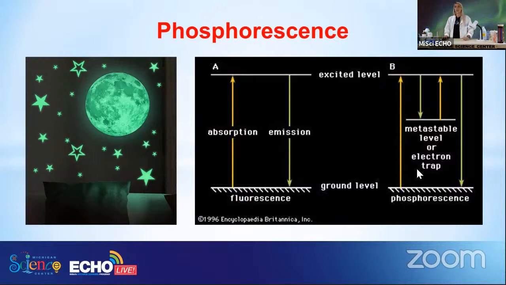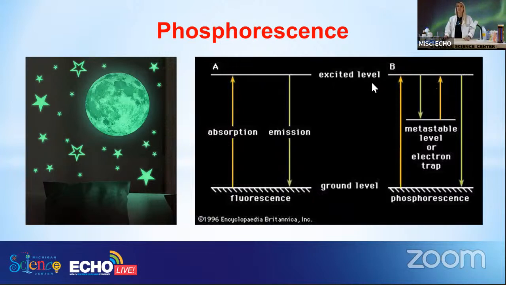But in phosphorescence, we have this weird, interesting middle state that we call the metastable level, or my favorite is to call it the electron trap. Once phosphorescent materials like your glow-in-the-dark stickers absorb energy, those objects get trapped in this middle zone where they are going to continue to glow visible light until an outside event either causes that object to go back up in energy or back down.